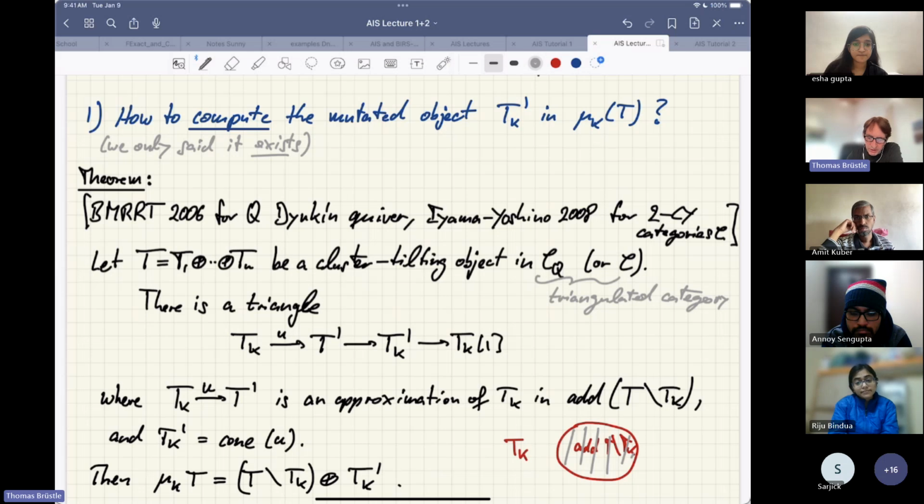There is a notion of approximation, so there's a closest object T prime that belongs to this subcategory, and there's a morphism into that T prime. So this is approximation theory. Under some reasonable assumptions, when you fix one object and you have a smaller subcategory which this object does not belong to, there is still one closest approximation of Tk into this subcategory, and this closest approximation is called T prime.